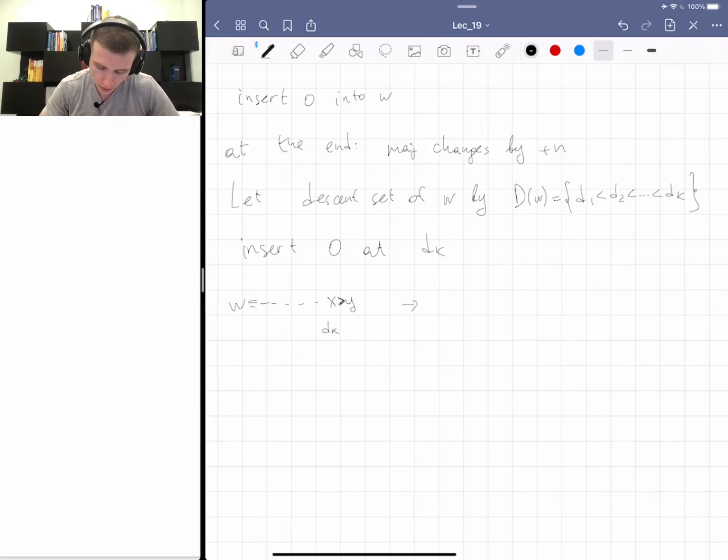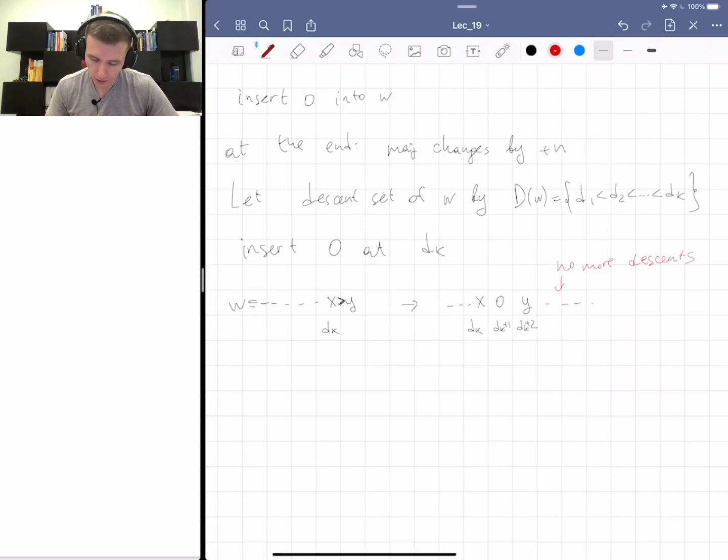Then this becomes x, 0, y at positions d_k, d_k plus 1, d_k plus 2. So the new descent is x bigger than 0, and that's it. Y is not bigger than anything, and since d_k is the last position of descent, there are no more descents to the right of my insertion.